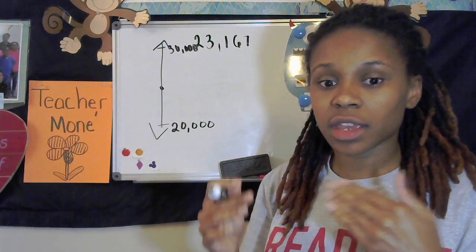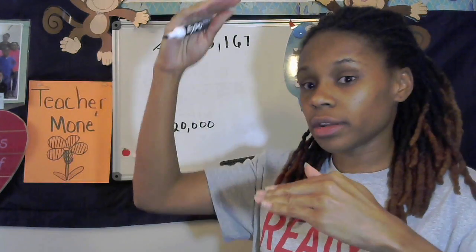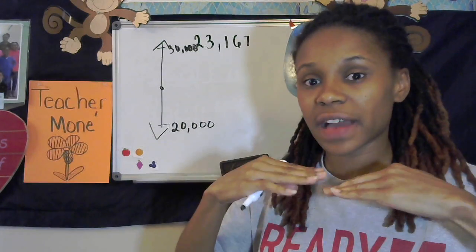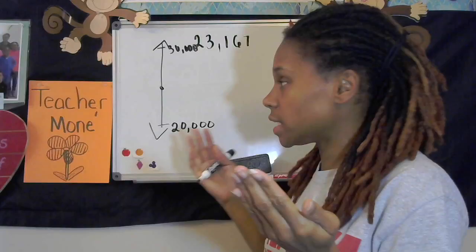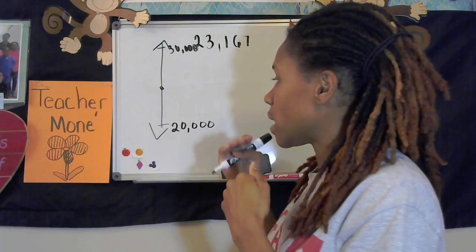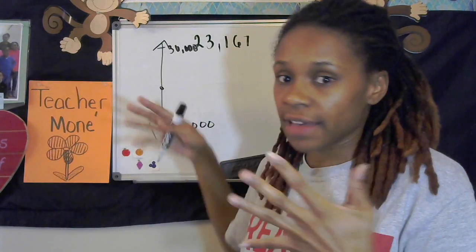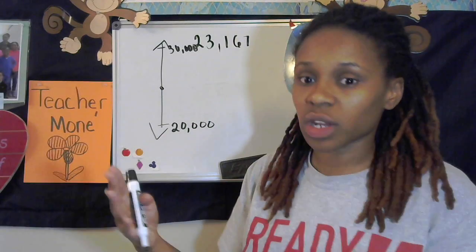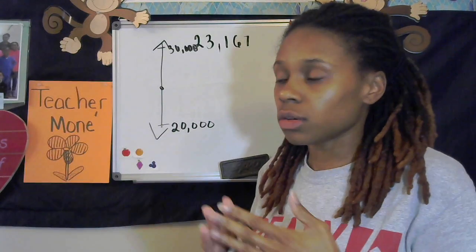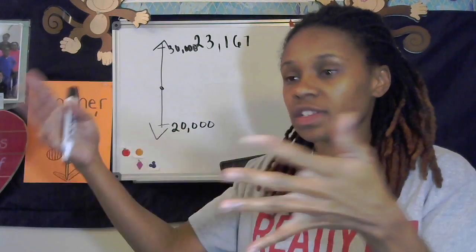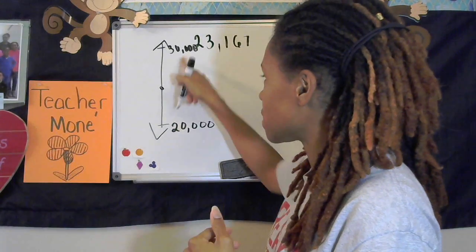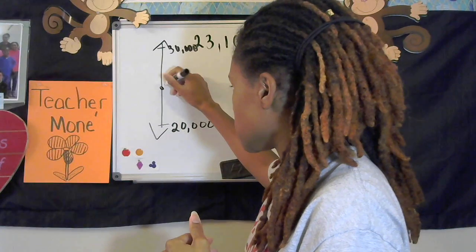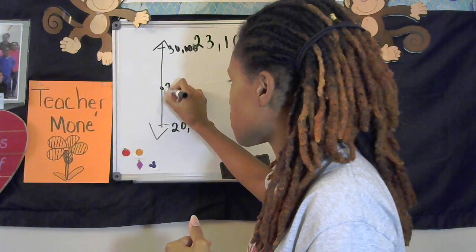Okay? So they're either going to round down or they're going to round up. Their job now is to find the midpoint. And the midpoint in every number, really, every 2 numbers you're going to round to, is going to have a 5 in it somewhere. So it's either 15,000, 25,000, 35,000, or 105,000 or 115,000 or something like that. So between 20,000 and 30,000 is 25,000.